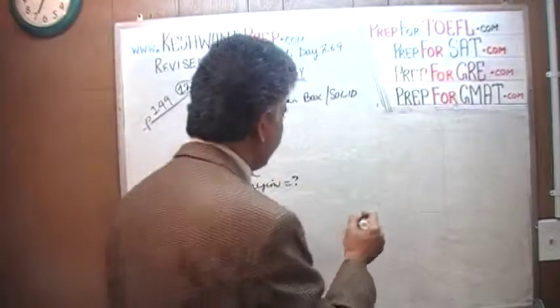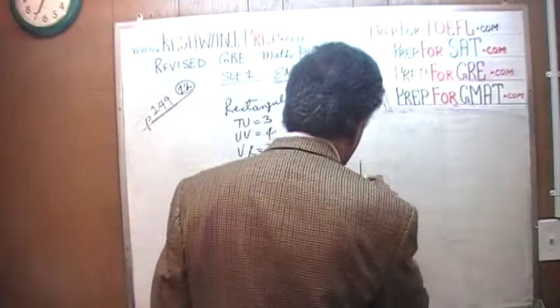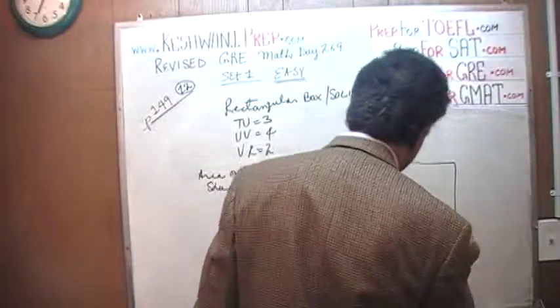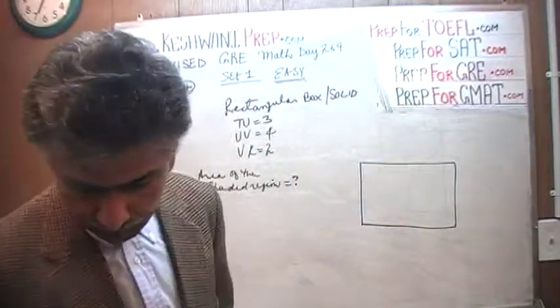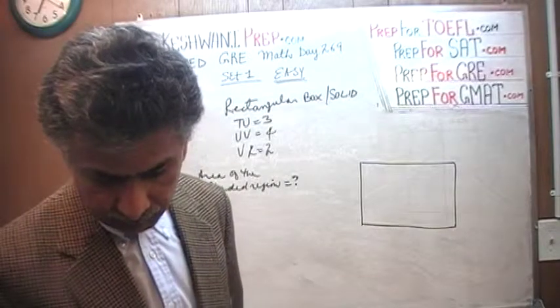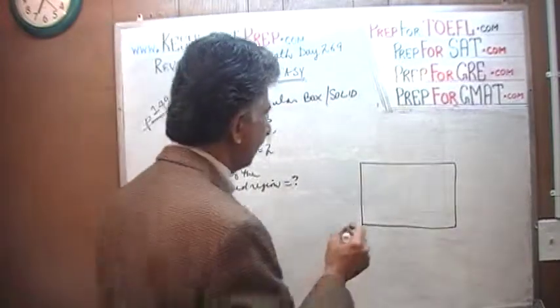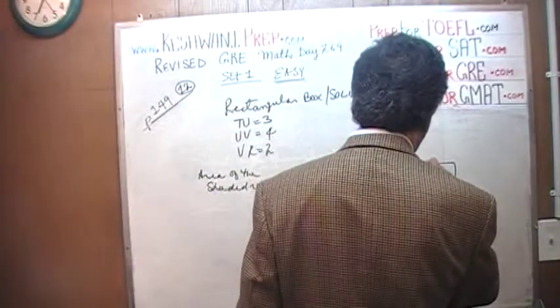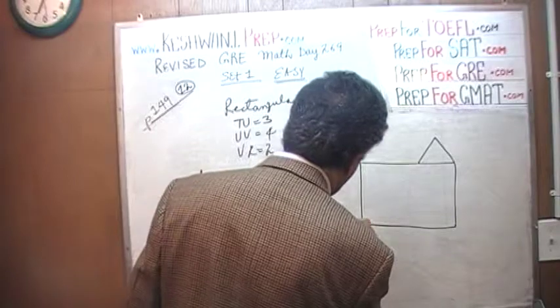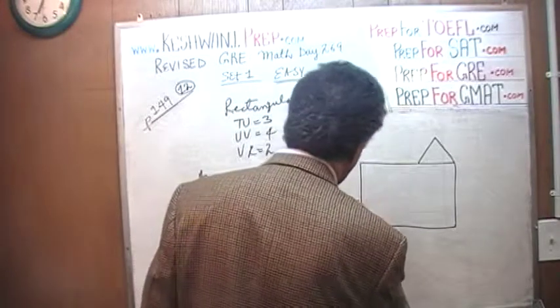So first part is very straightforward. We're looking at a rectangle, and then things are going to get prickly. We're looking at a rectangle, and then we have a couple of isosceles triangles, one on the top and one on the side. Something like this.